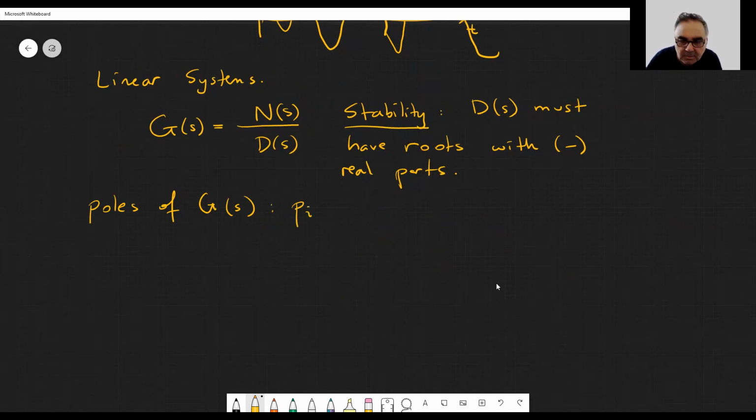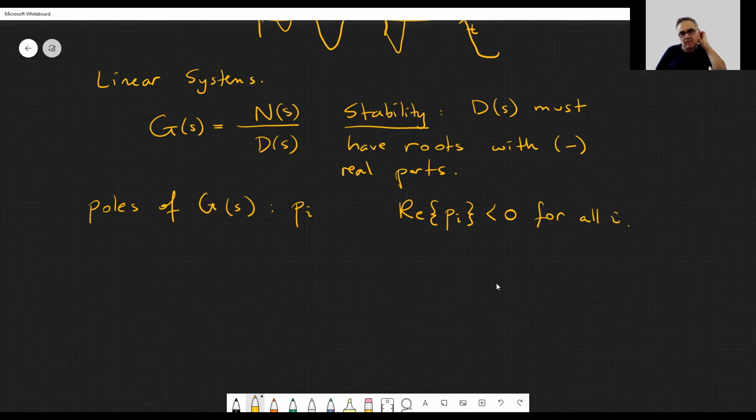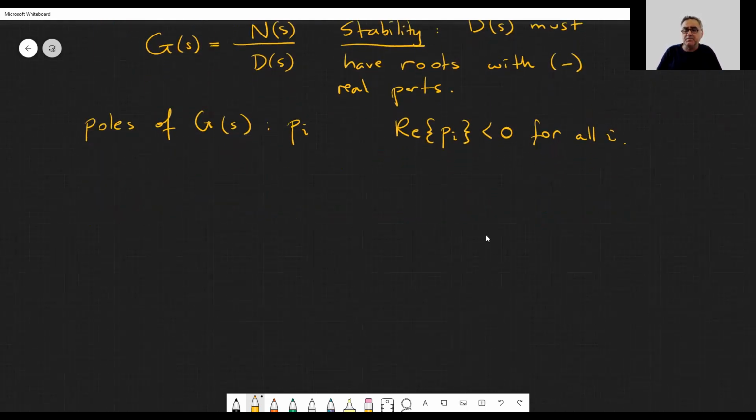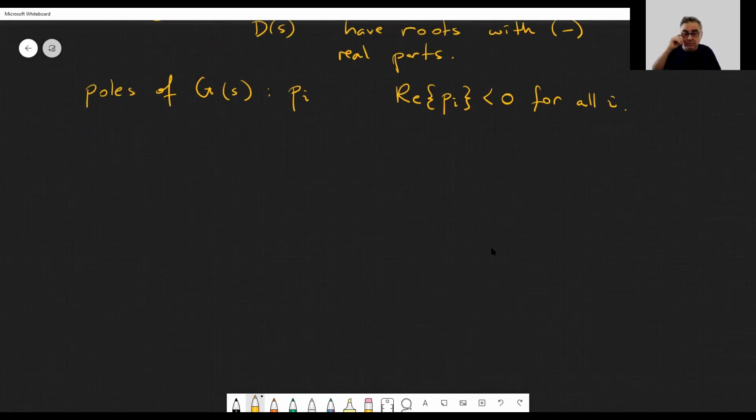Then the real parts of Pi must be less than 0 for all i values. Okay, this is an i. So the poles of the system must be negative. If one of them is positive, unfortunately your system is going to be unstable.